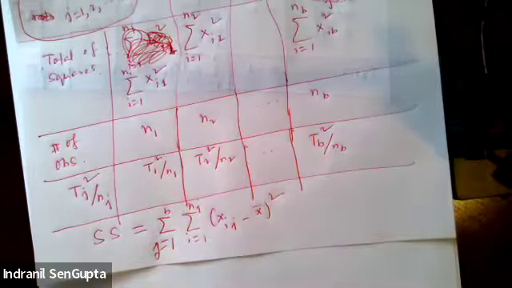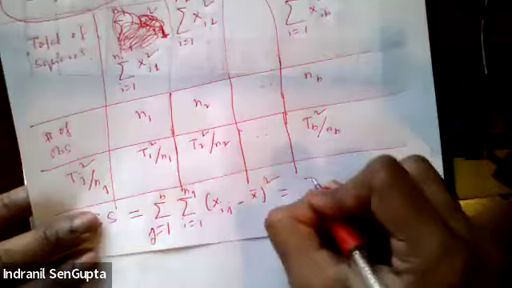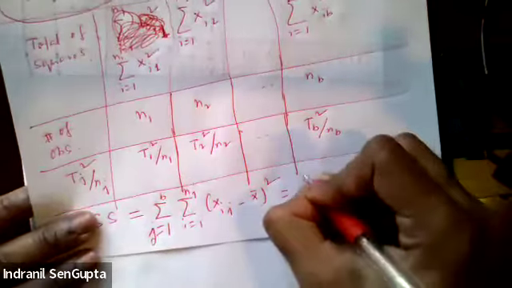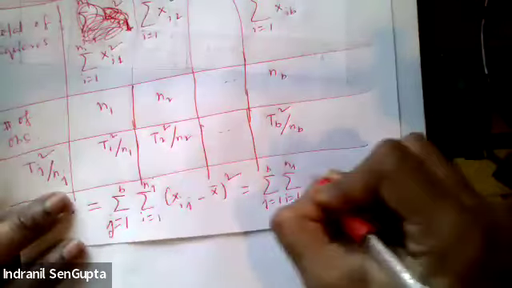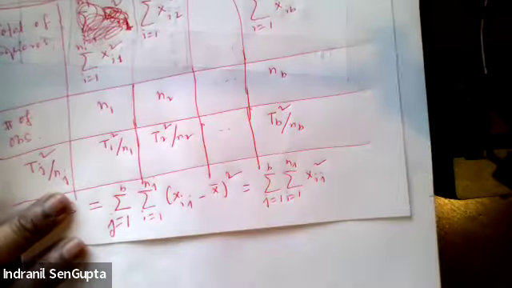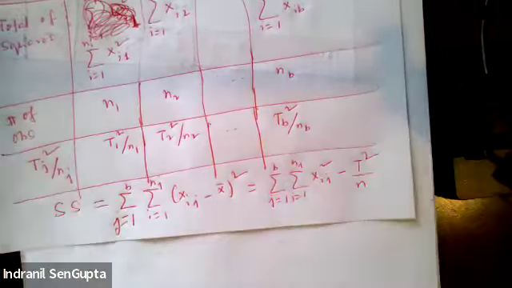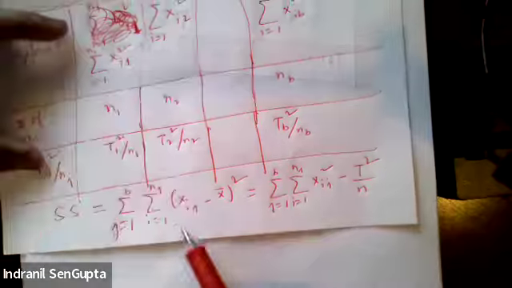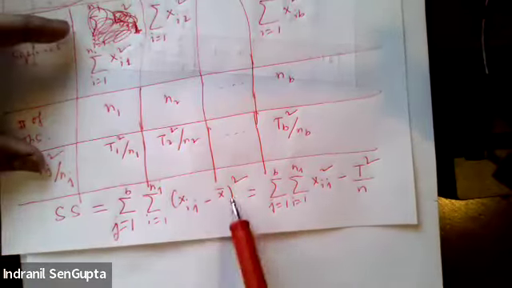You can check that this can really be written as the summation j from 1 to b, summation i from 1 to n_j, of xij squared, minus t squared over n. It's a very simple proof based on what we have done, similar to the way we derive the variance. So this is how we can do it.